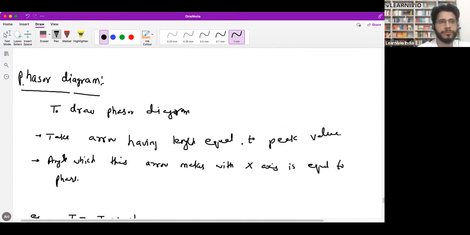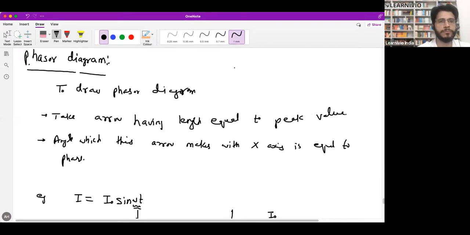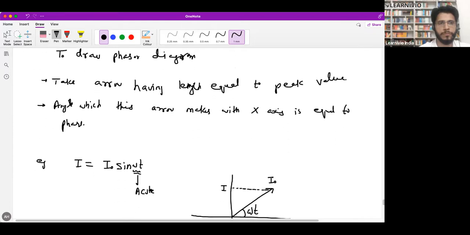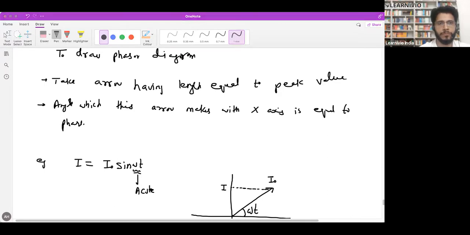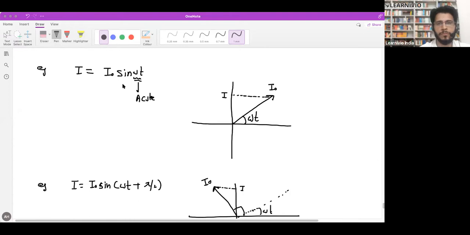Just note it down. Just drop a perpendicular on the y-axis. That perpendicular will give you this.